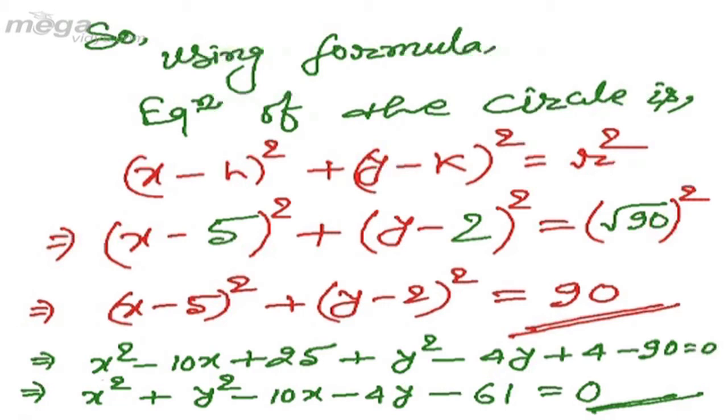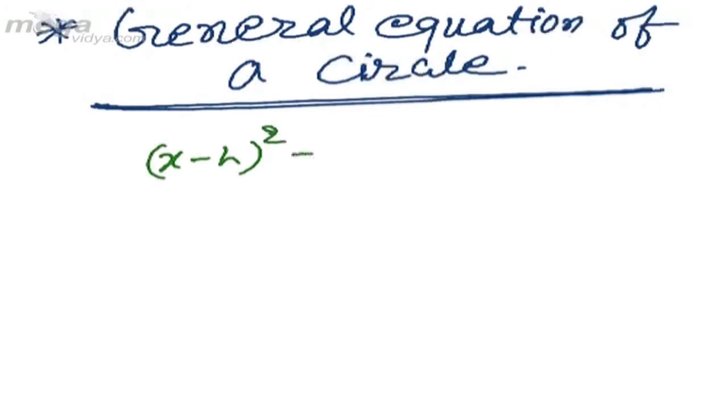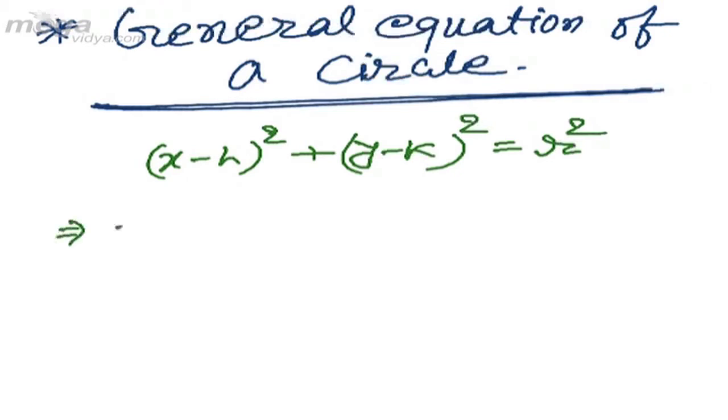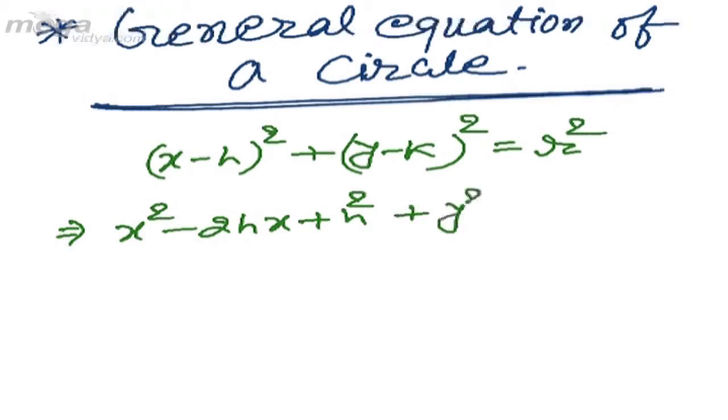The equation we did, (x minus h) whole square plus (y minus k) whole square is equal to r square, is the standard form of an equation of a circle when the center is (h, k) and radius is r. When you expand it, what does it become? x square minus 2hx plus h square plus y square minus 2ky plus k square is equal to r square.